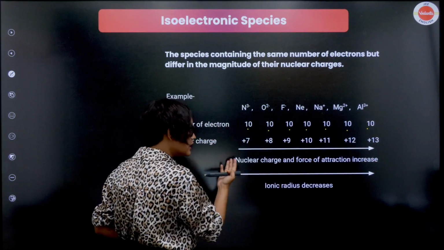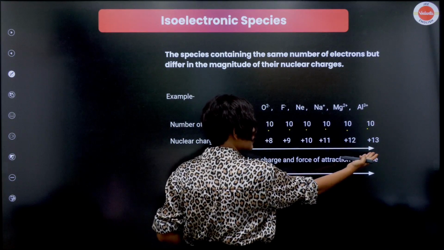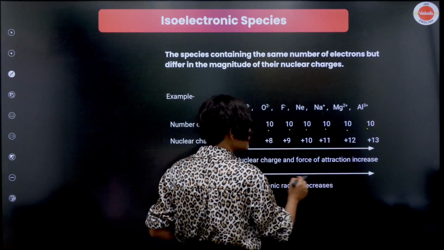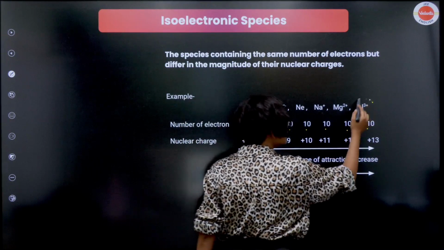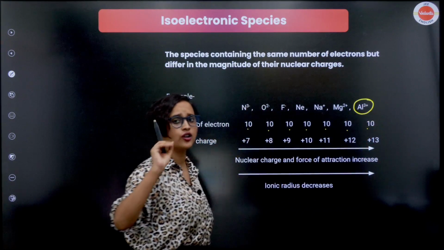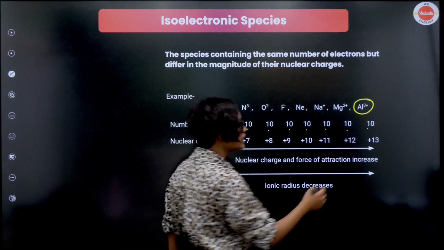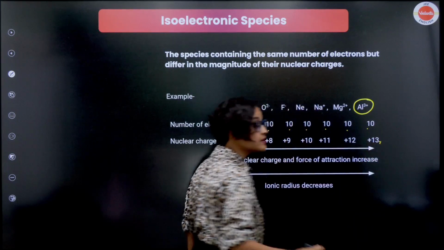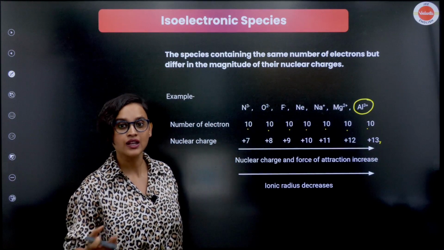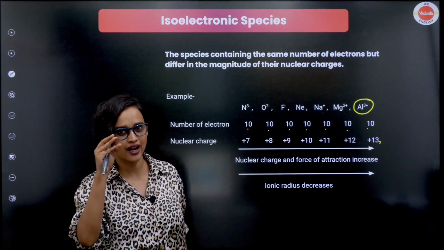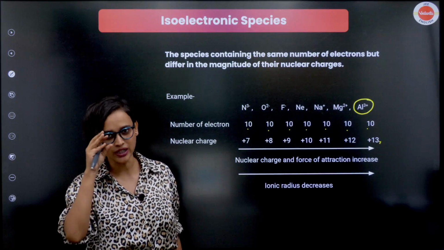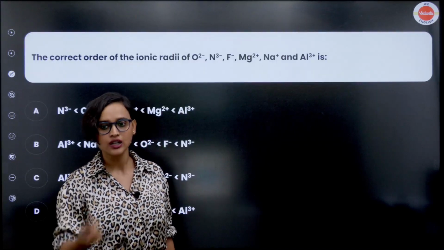Now the nuclear charge and the force of attraction is increasing, but the ionic radius decreases. Al3+ will have the smallest ionic radius because the Z effective charge is +13. There are 13 protons pulling those 10 electrons, so obviously the ion is going to be of smaller size.